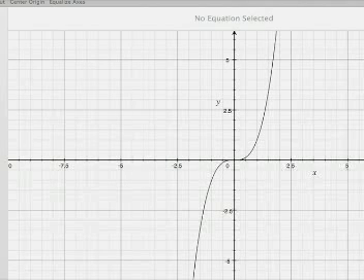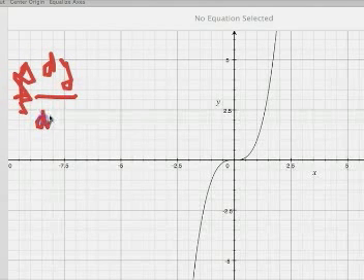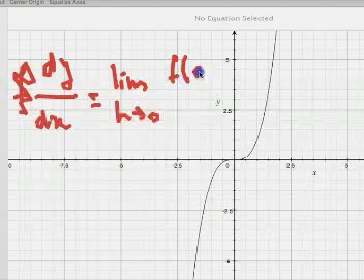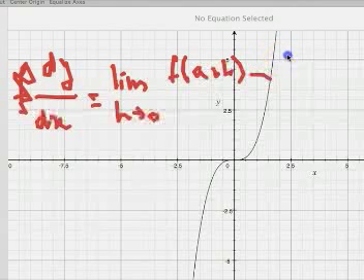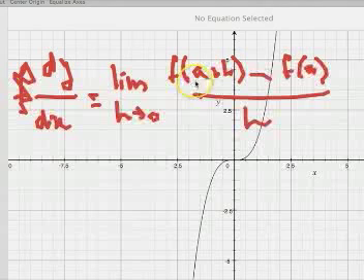And now let's return to the definition of the derivative. So we've got dy dx equals the limit as h approaches 0 of f of a plus h minus f of a over h. Now, we're not just trying to find the derivative at a certain value a, so this equality is kind of wrong.